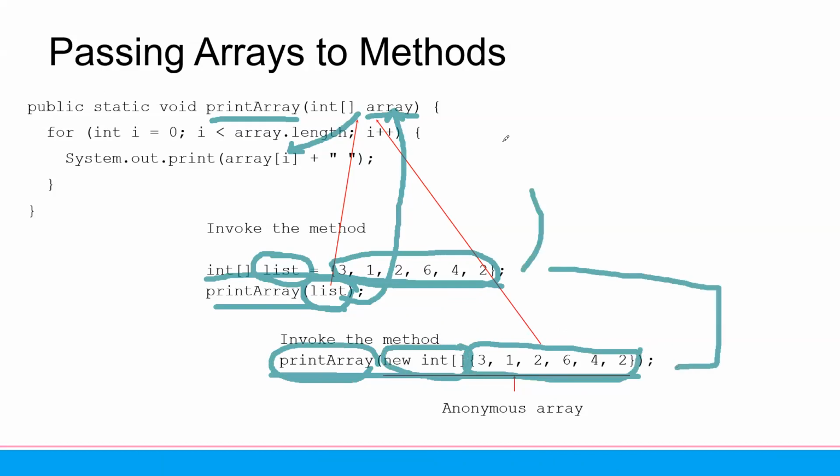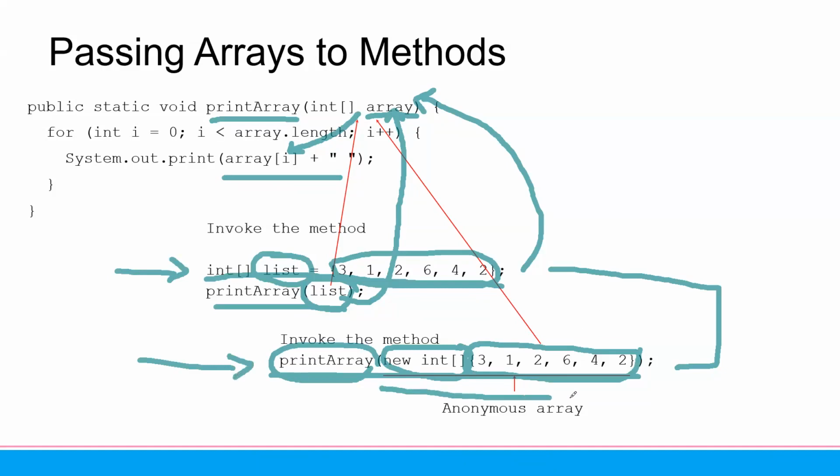You can pass by those two methods into this method, and then you can print each of the elements. In the first case, you already determine the variable name, which is list. In this case, you do not have any variable name, but you just define the array in the parameter. So there's the first method, and this is the second method. It is also possible.